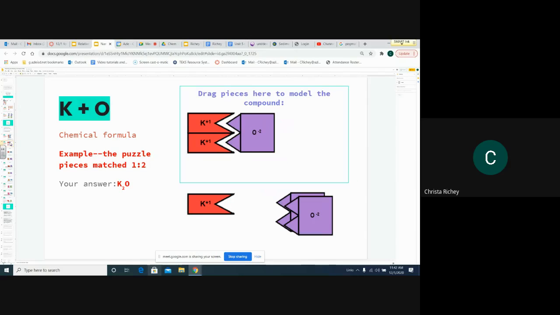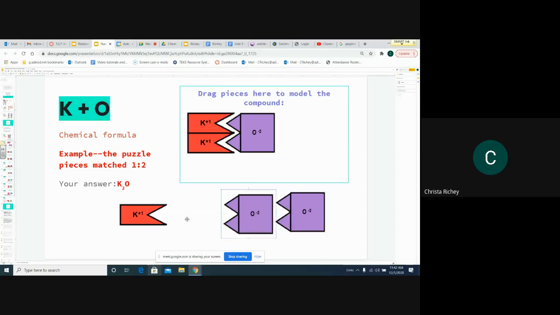Okay, potassium and oxygen. These are the samples that are already done for you. You're just using this. Now, why is there 1 potassium? I'm going to duplicate this. Hold on, I got to make it bigger. I can't see what it says. Oh, come on now.